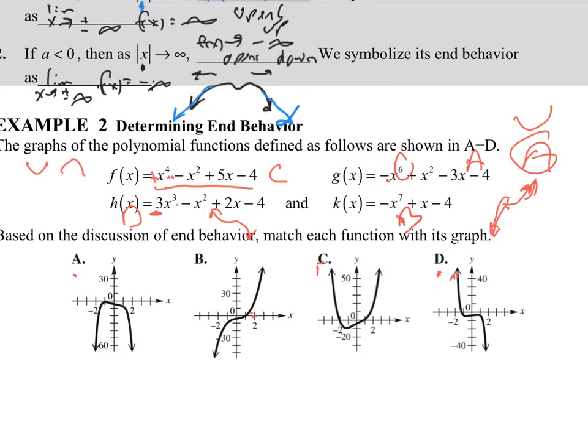See, even, opens up, opens down, so C, A, okay. Odd and odd, positive, oh, I'm sorry, positive starts from the bottom and goes up. Did I write that? I wrote it wrong here. I can see where I wrote that. If I wrote that for that, I was wrong.